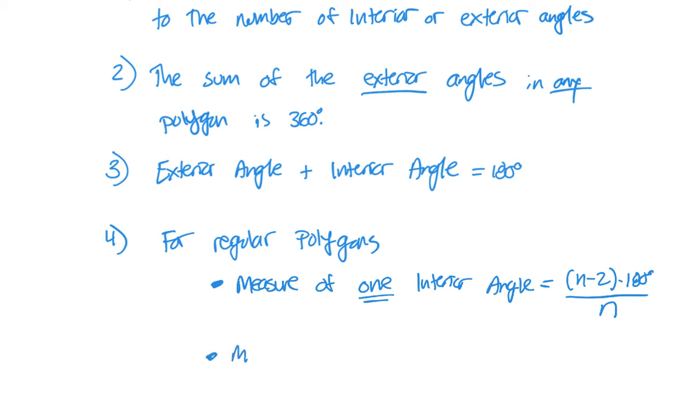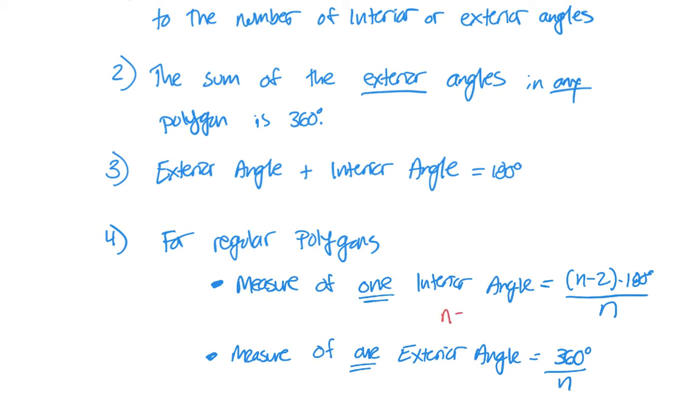And then the measure of one exterior angle is a little bit easier formula to deal with. Remember, the sum of the exterior angles adds up to make 360 degrees. So if you were to take that and divide that by n, that is going to, again, represent the measure of one exterior angle.